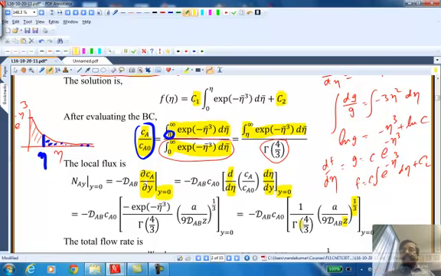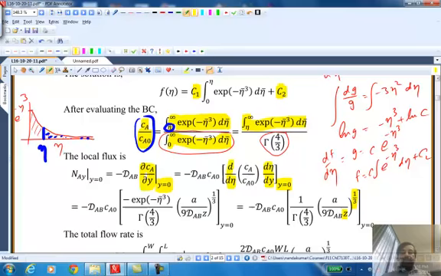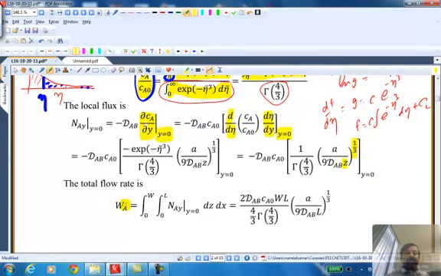The rest are all constants. Previously, when the velocity profile was flat, we had 1/2. But now we have cube root of z and cube root of D_AB, the diffusivity, when the velocity profile is linear near the wall.